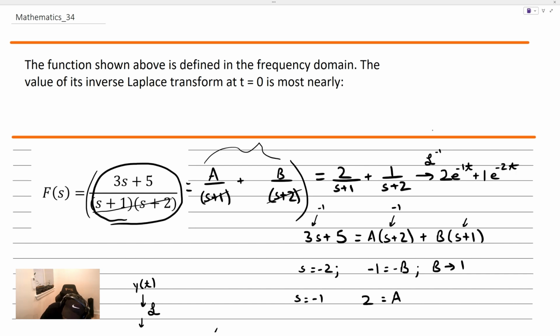And this is our time domain function, f of t, that we could evaluate at t equal to 0 to get 2 plus 1. And that value is equal to 3.